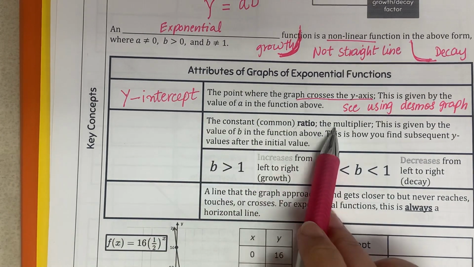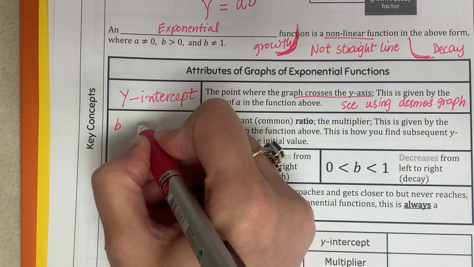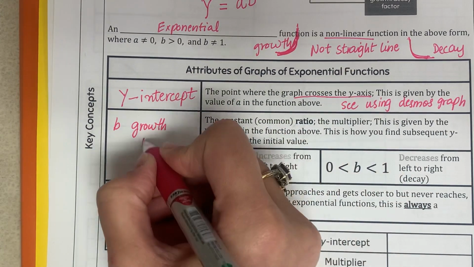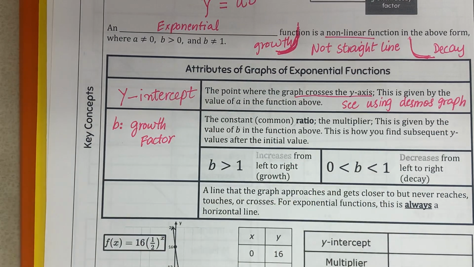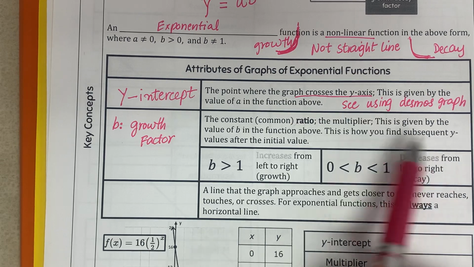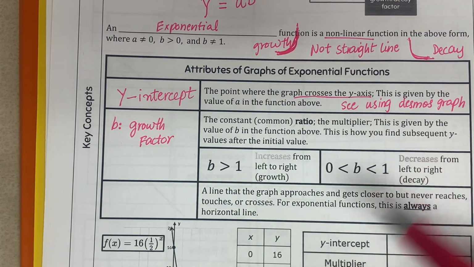The constant common ratio, the multiplier, that is the b growth factor. This is how you find the subsequent y value after the initial value. Subsequent y value means the next y value.